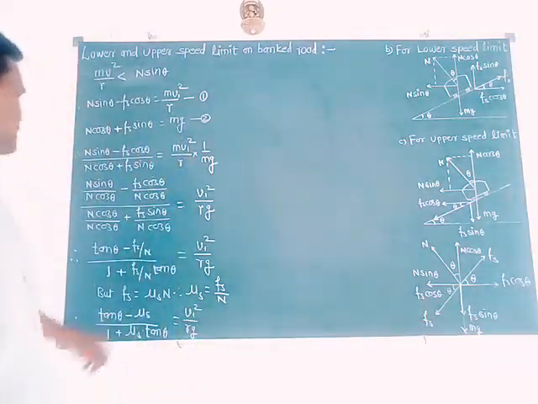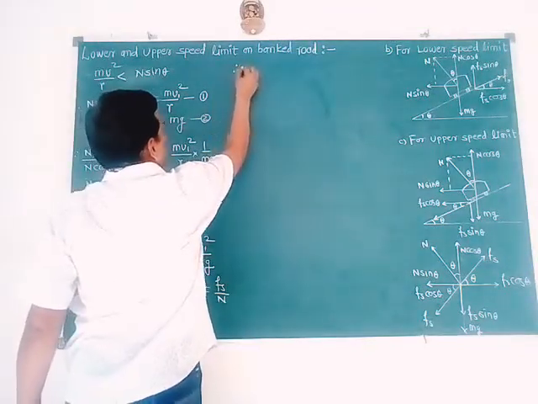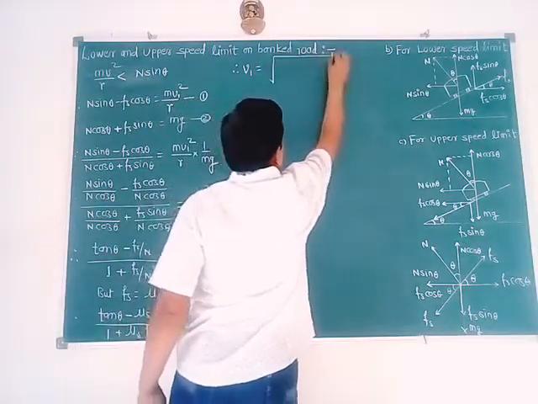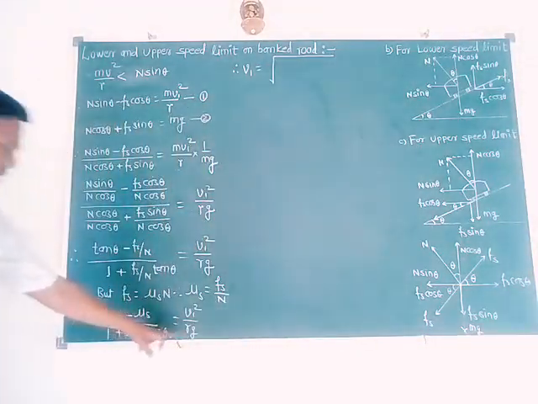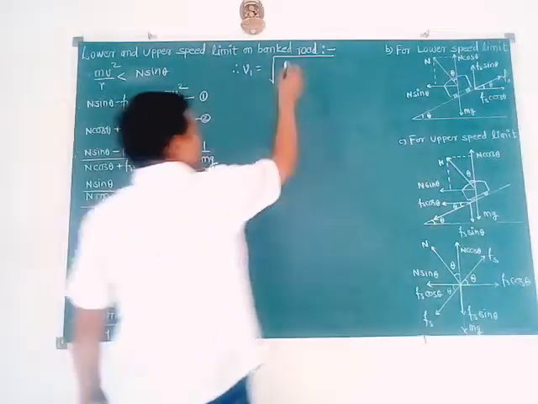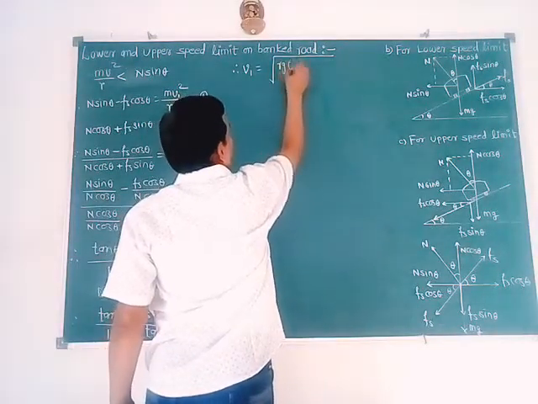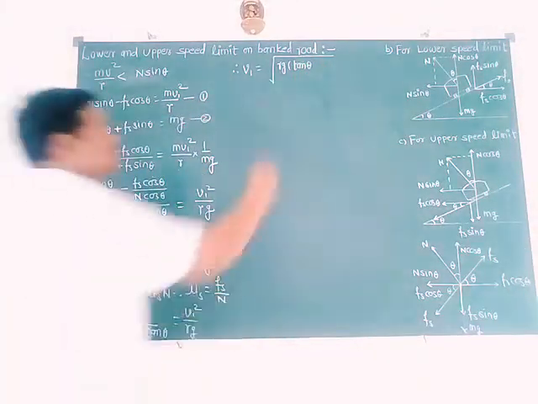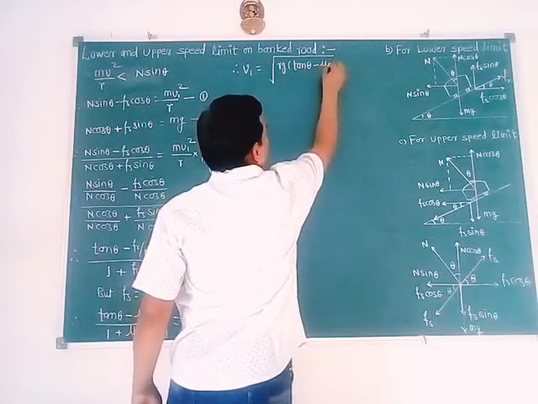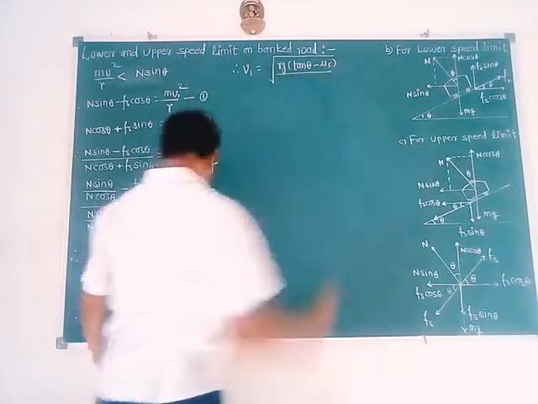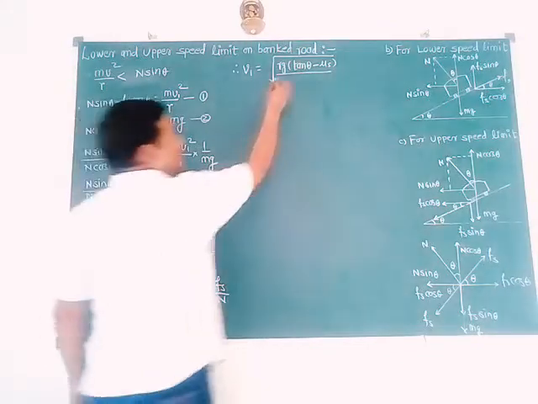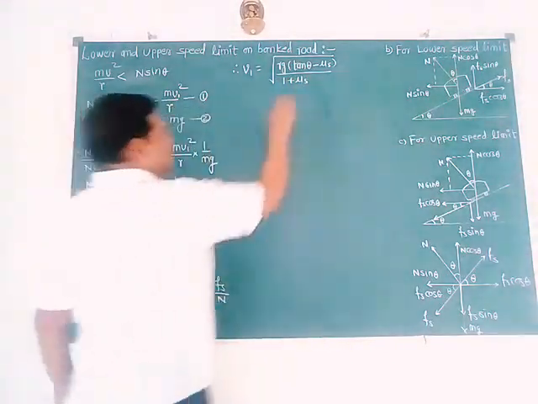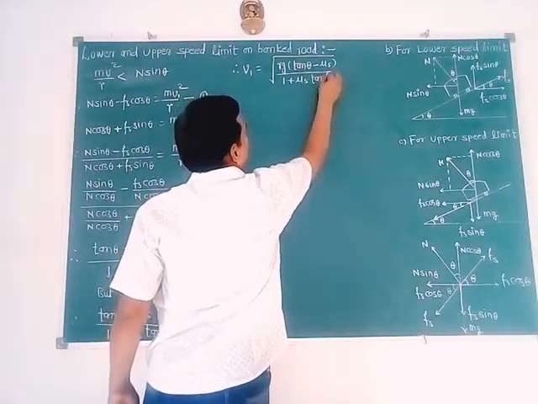And finally we can write this relation as, therefore v1 is equal to square root of, see here carefully, this rg goes to this side, so rg into tan of theta minus mu s, total divided by 1 plus mu s into tan of theta.